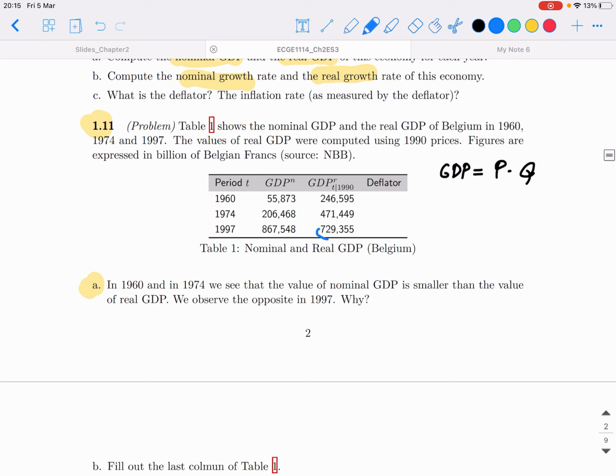When the real GDP was calculated, it was calculated at 1990 prices, and here we have 1997 prices. So 1997 prices were bigger than 1990 prices, I mean, much or not much, but still. And so they contributed to a higher value in nominal GDP than in real GDP. That's why we have exactly the opposite here.